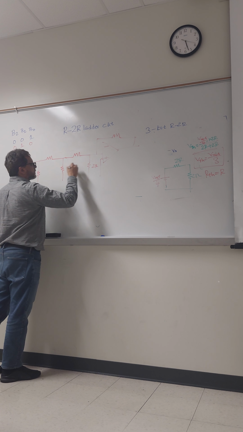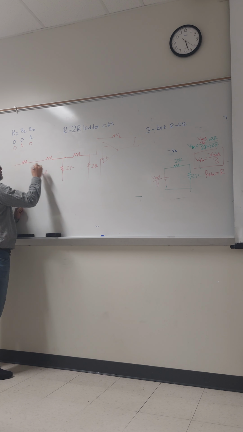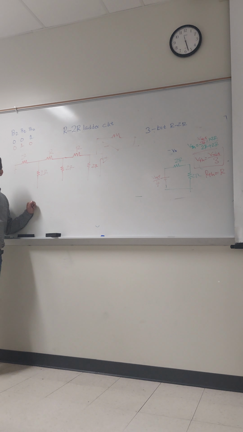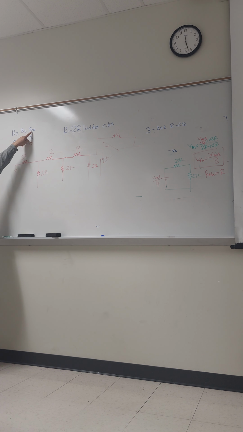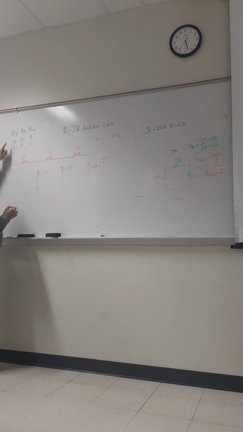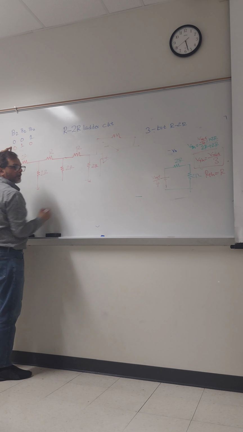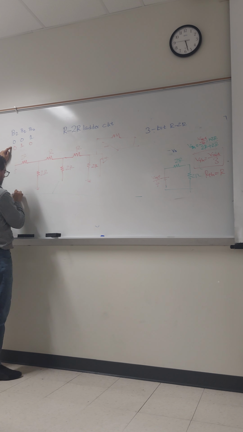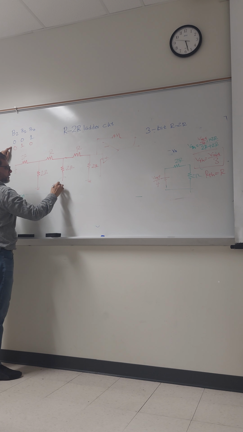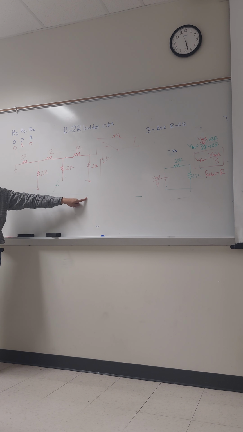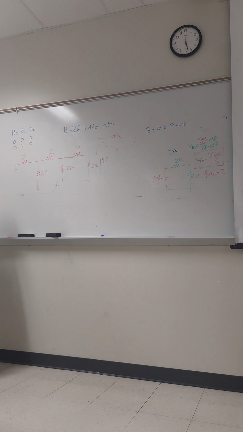This is twice R. This is twice R. This is twice R. This is twice R. This is R. This is R. According to my bit, B0 is now grounded. B2 is also grounded. Only we have connection to the B1. This is my V reference, right? So it is connected, because we have to give logic 1 to B1. This is B0, B1, B2, right? Okay? So this is the connection.